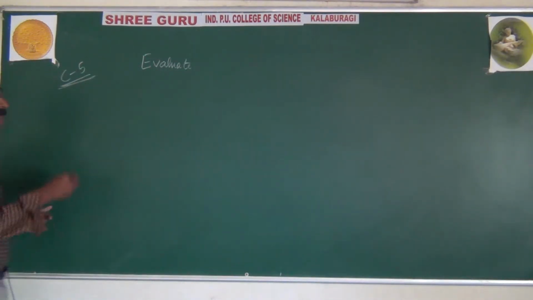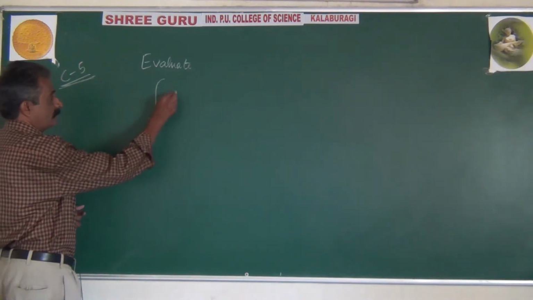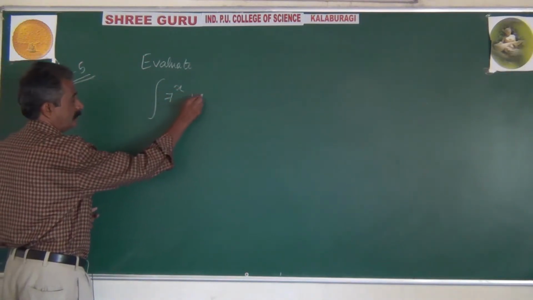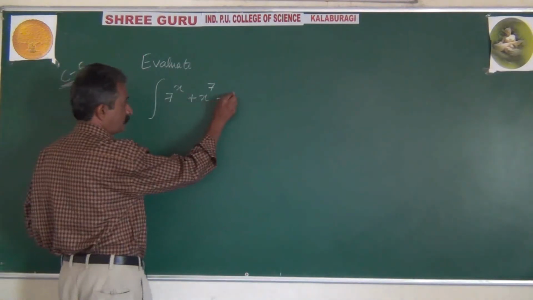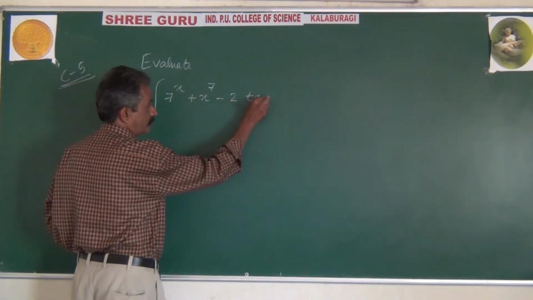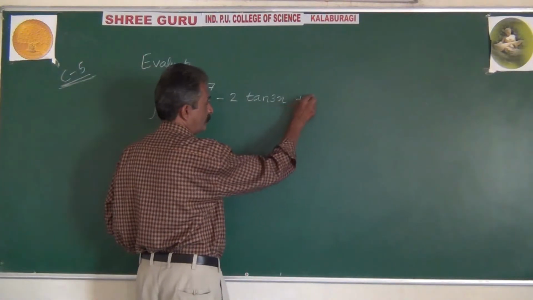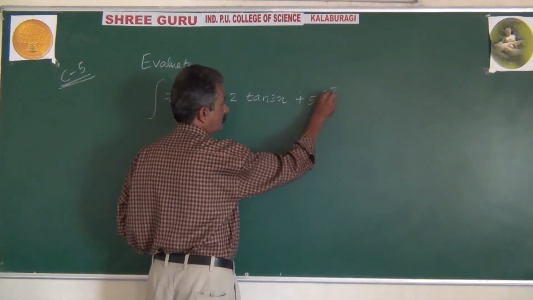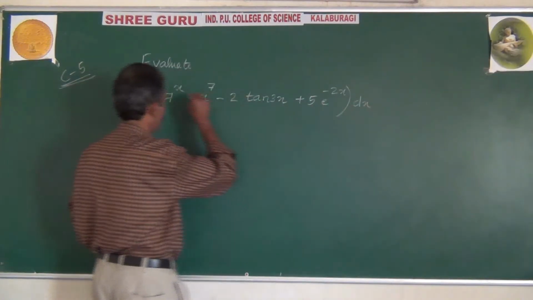Next problem, evaluate. Integration of 7 power x plus x power 7 minus 2 tan 3x plus 5 e raised to minus 2x dx, understood.